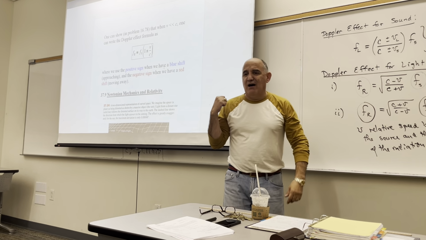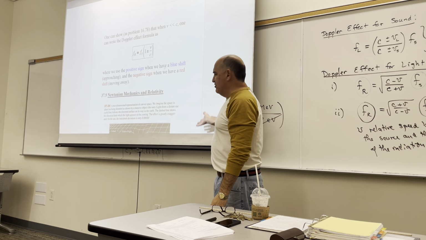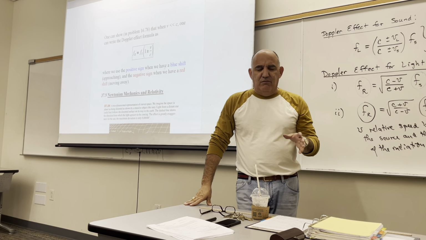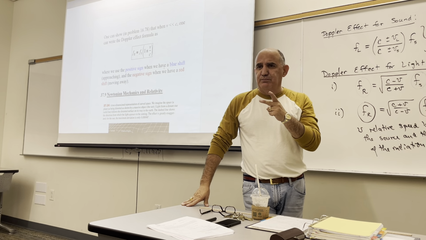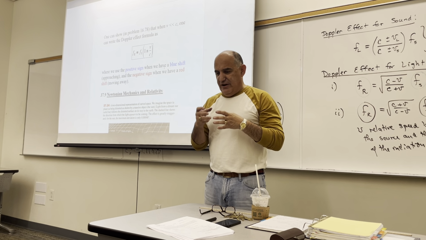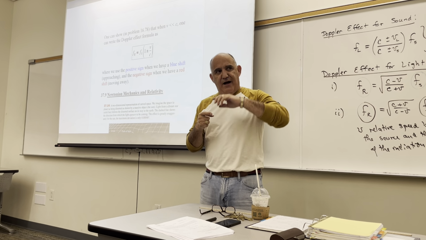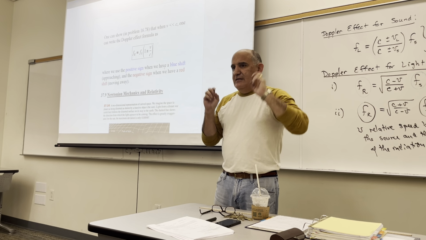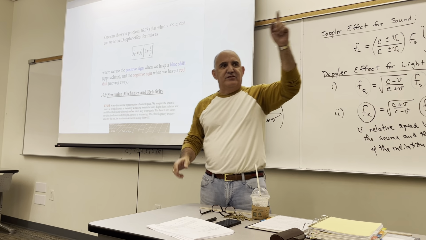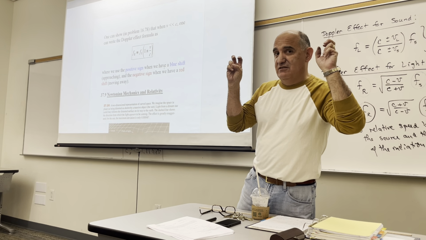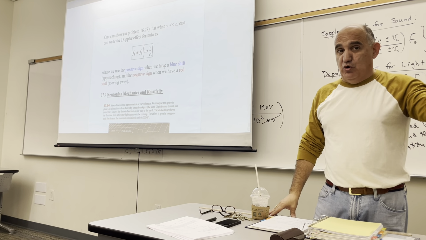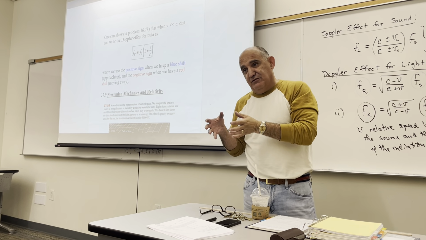I think there's a homework problem where I did it for the radio waves. That problem really consists of two parts. The cop has the radar gun, which is the source, and then the car is the receiver. So just calculate the frequency of the radio waves that the car receives. And whatever that frequency is, now think of that as the source, and then the cop is the receiver.